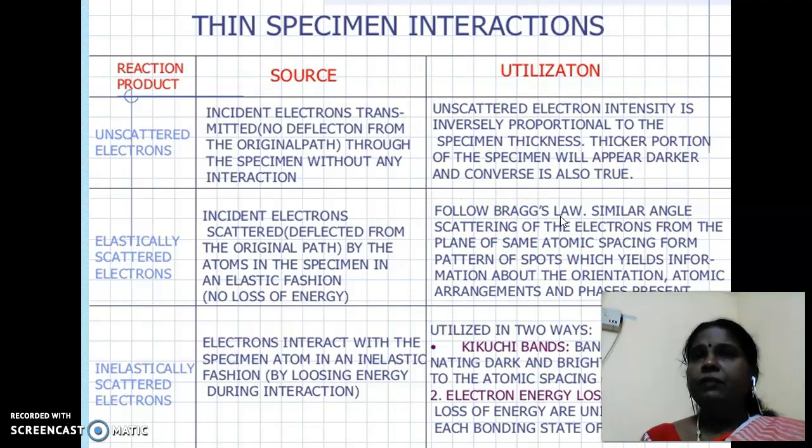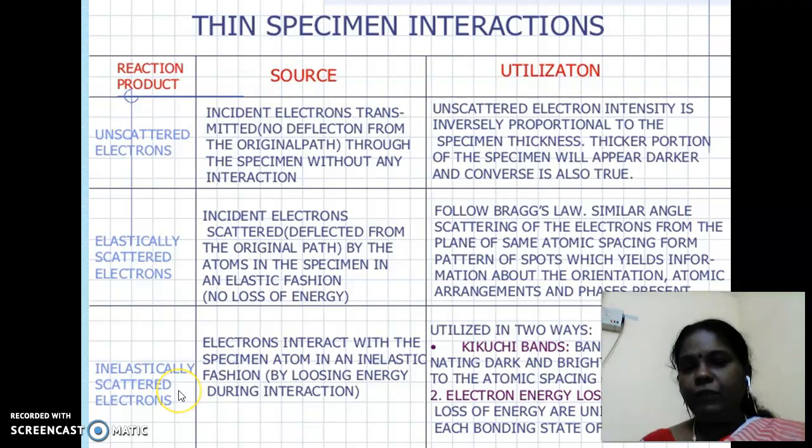Means if the incident electron beams get scattered by the atoms lying in the same atomic plane, they will be scattered by the same angle. Therefore, these same angled diffracted electrons form a spot in the diffraction pattern. And as a result, it gives you the information about orientation, atomic arrangement and phases present in a specimen.